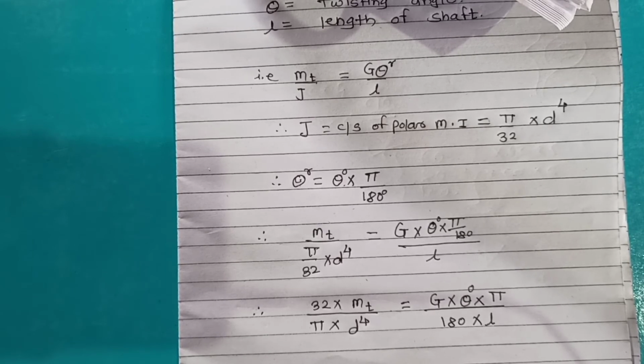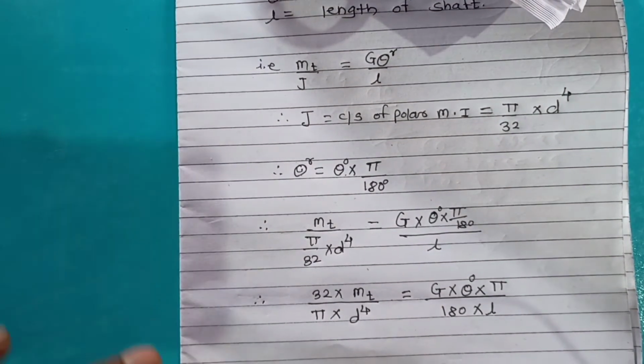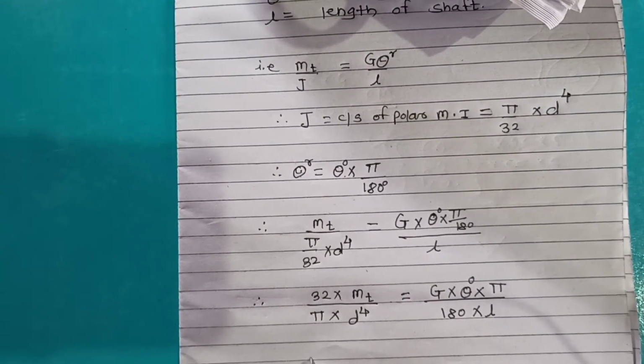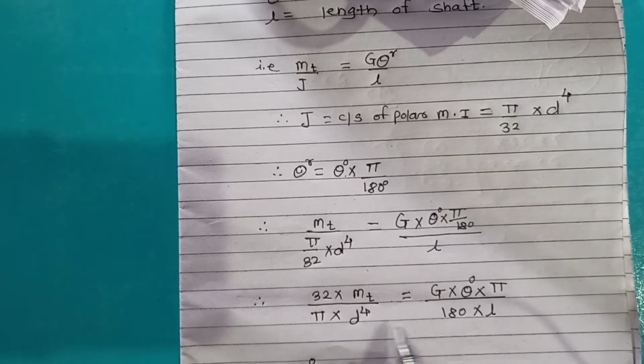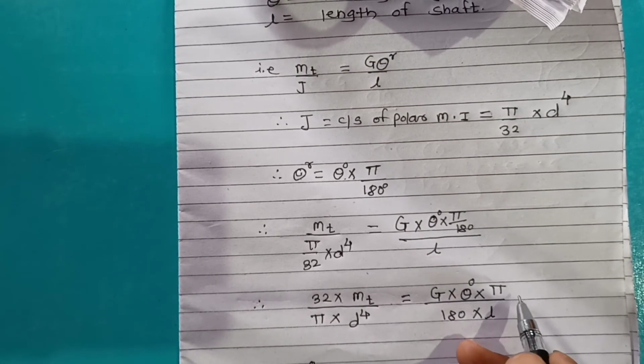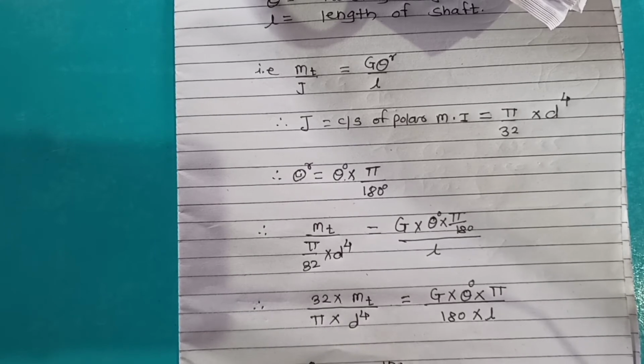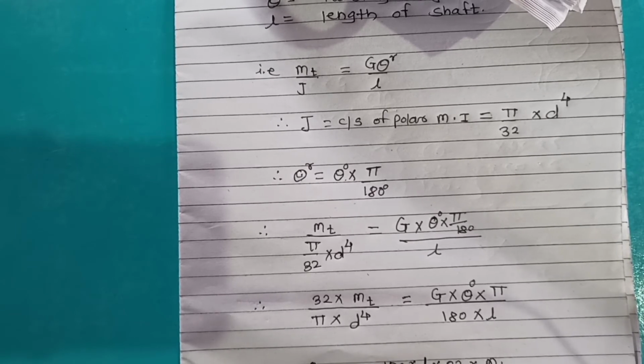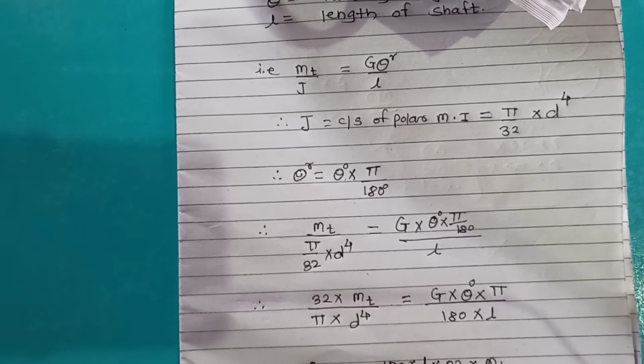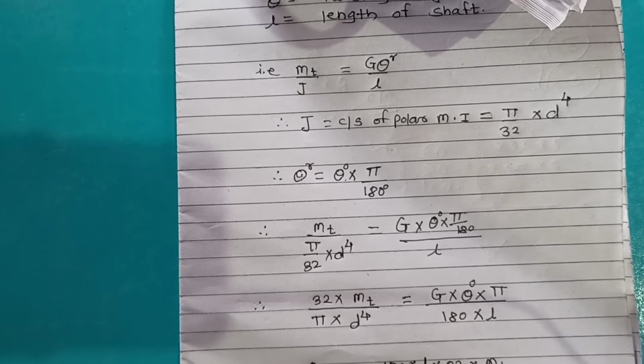Now we equate for theta in terms of degree, which is the angle of twist in degrees. Theta in degrees is equal to 180 into L into 32 into Mt divided by G into pi into d raised to 4.